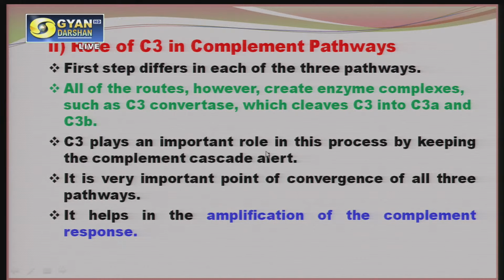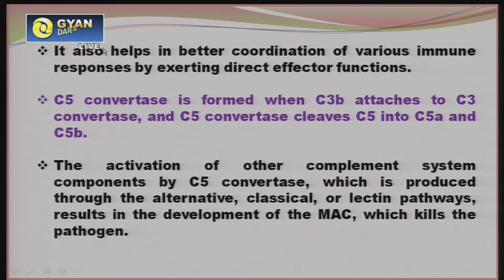C3 plays an important role in the process by keeping the complement cascade alert. It is a very important point of convergence of the three pathways. It helps in the amplification of the complement response, and it also helps in better coordination of various immune responses by exerting direct effector functions.